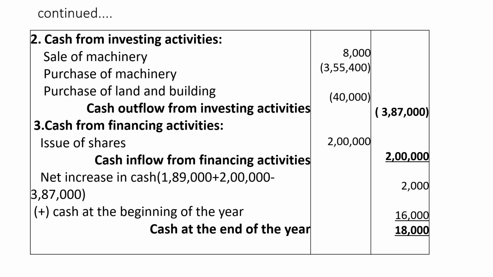Next, ascertain the cash from investing activities. Sale of machinery during the year 8,000. Purchase of machinery 3,55,000. Purchase of land and building 40,000. Cash outflow from investing activities is 3,87,000.